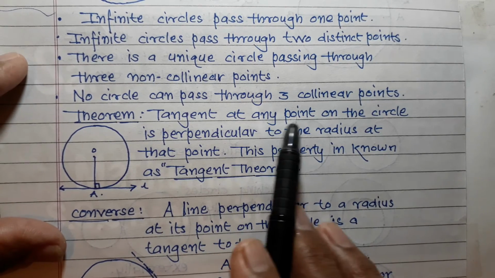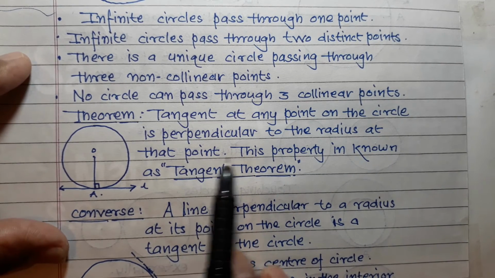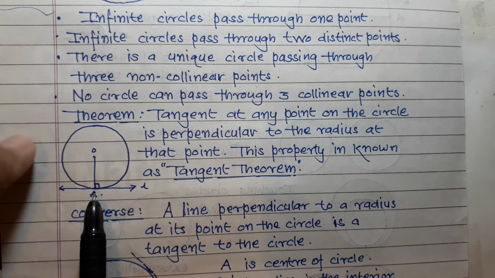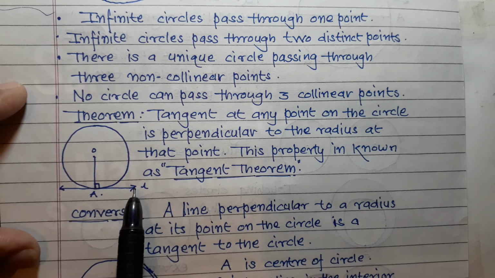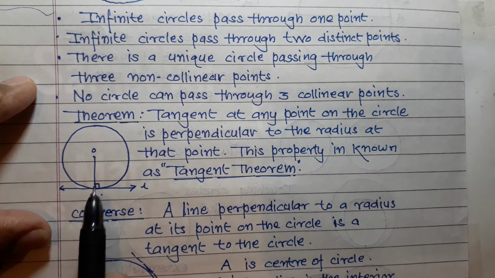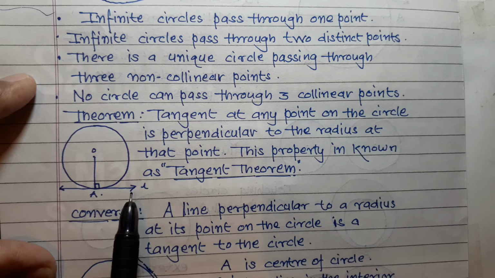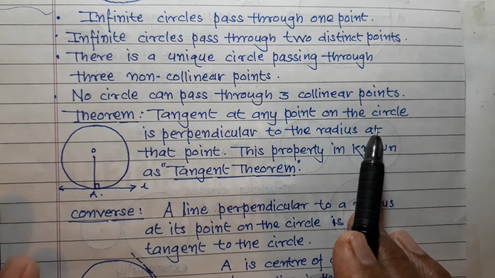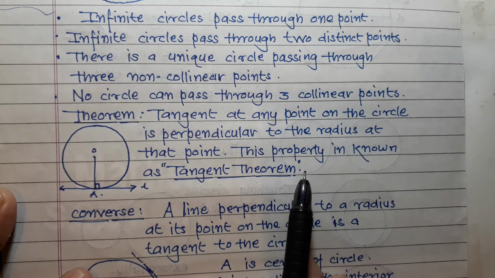Theorem: the tangent at any point on the circle is perpendicular to the radius at that point. This property is known as the tangent theorem. Now try to understand this. This is a circle with center O, and if this line L is tangent to the circle at point A, then the radius through point A, the contact point, is perpendicular to the tangent. The tangent at any point on the circle is perpendicular to the radius at that point. This property is known as the tangent theorem.